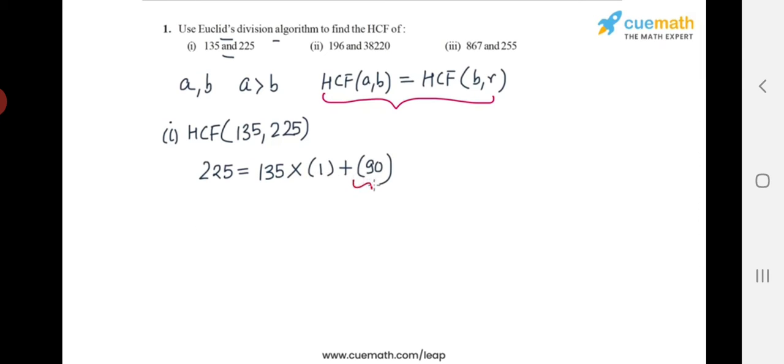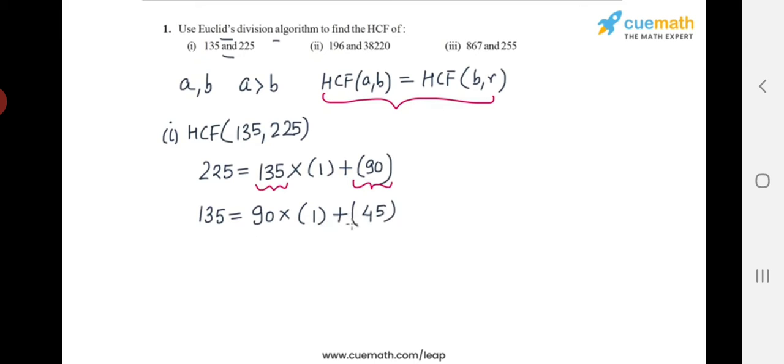So we get the remainder of 90, which is non-zero. So now we apply Euclid's division lemma to 135 and 90 once again. So in the next step, we will get 135 is equal to 90 times 1, the quotient, plus this time the remainder will be 45.